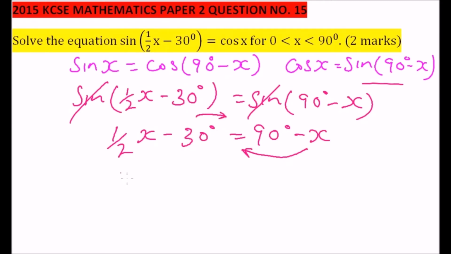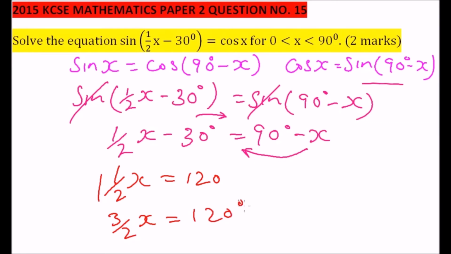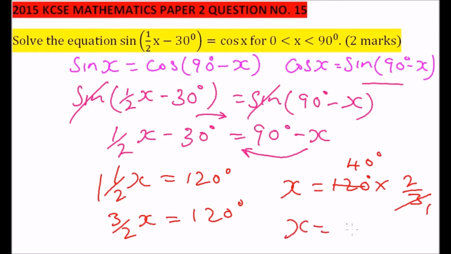So it means tutapata 1.5 x, that is x plus a half, is equals to 120, which we can write 3/2 x is equals to 120 degrees, and therefore divide by 3 and multiply by 2, you'll be able to find that x is equals to 120 multiplied by 2 divided by 3. 120 divided by 3 is 40. 40 degrees multiplied by 2, x is equals to 80.